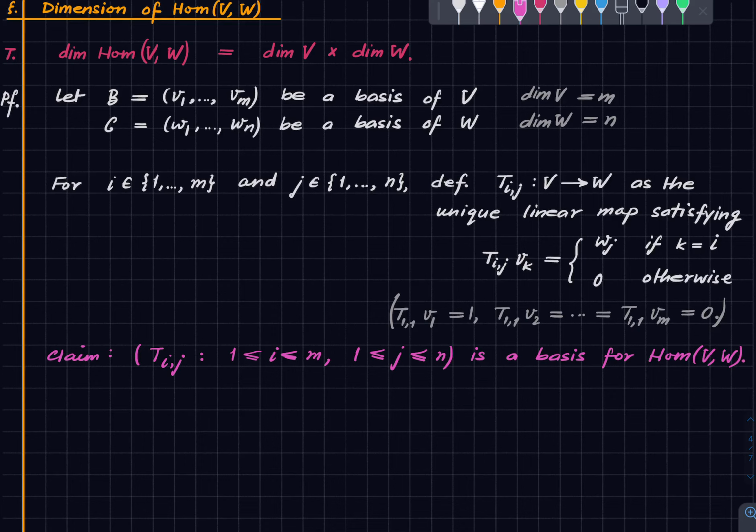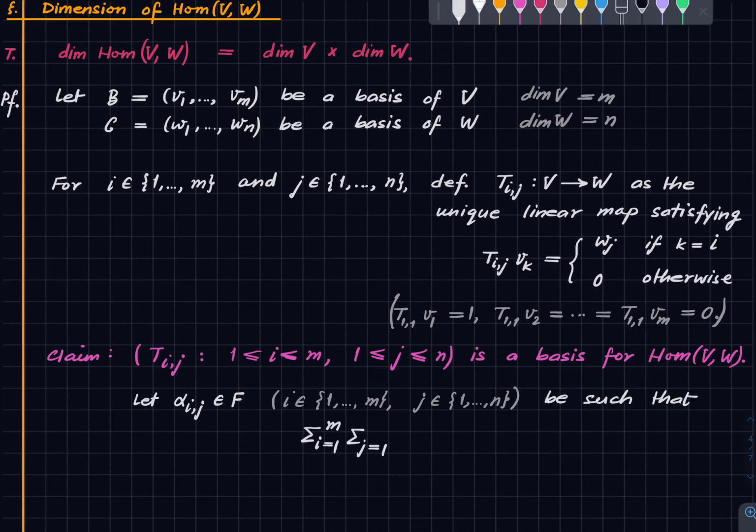So first we will talk about linear independence. So for linear independence, suppose we have scalars alpha ij, where i is in this range and j in that range, such that this summation is 0.